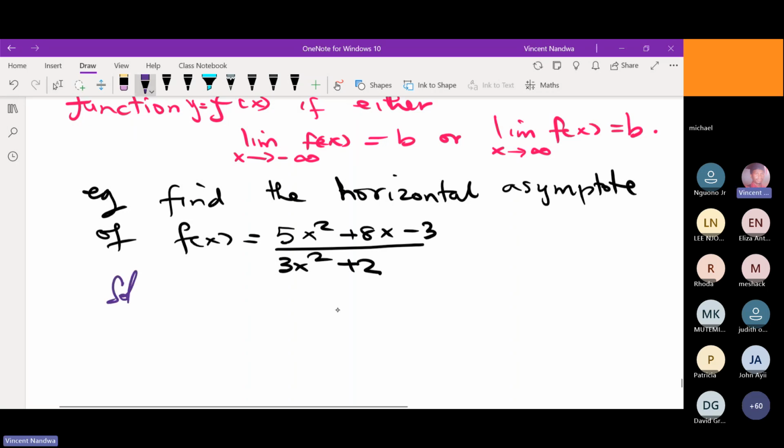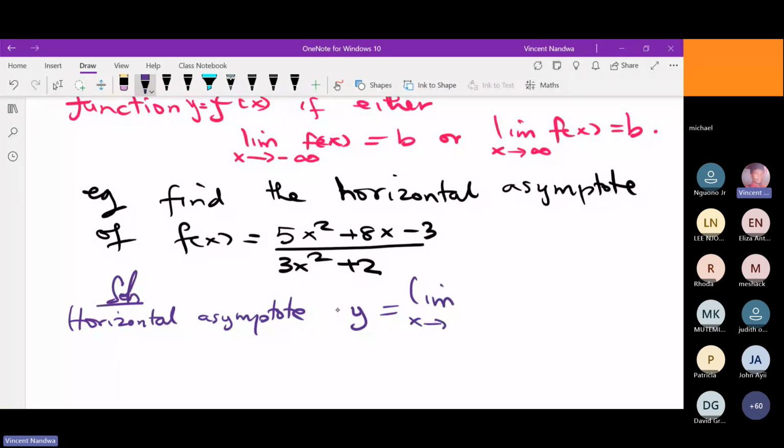So the solution: the horizontal asymptote is y equals the limit as x approaches plus or minus infinity of f of x, if this limit exists.